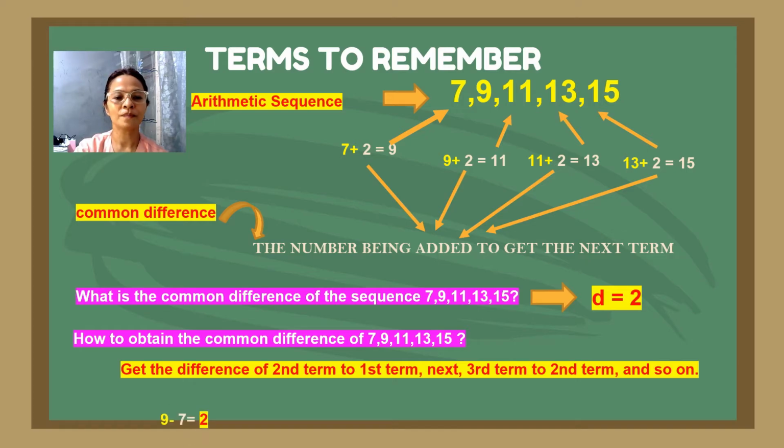For example, 9 minus 7 equals 2, which is the common difference. We have 11 minus 9, still 2. Or 13 minus 11 equals 2. Or 15 minus 13 is 2, the common difference.